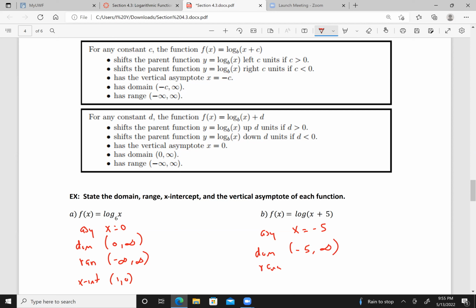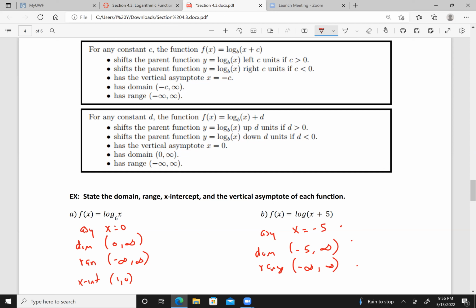Our range is still the same, negative infinity to infinity. Oh, wait a minute, D units we're going up and down. No, C units. That's correct.